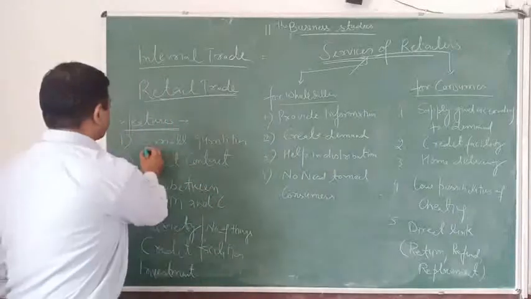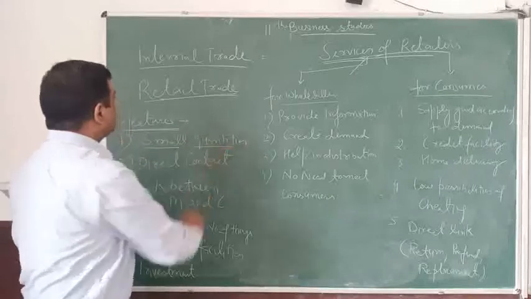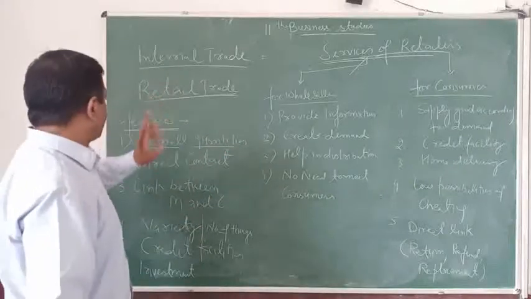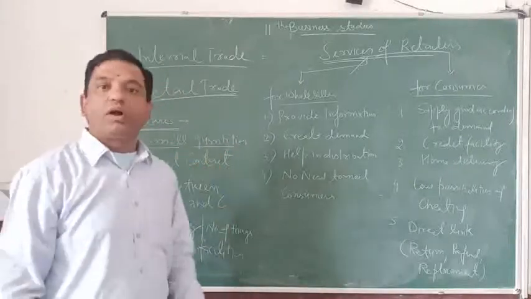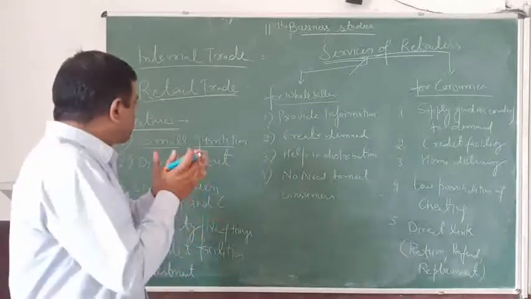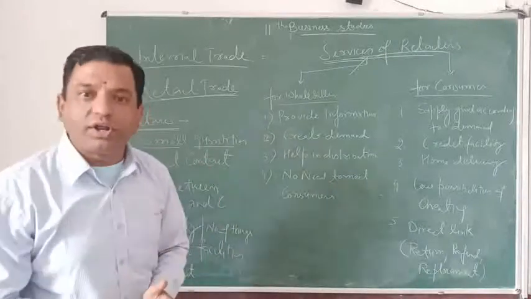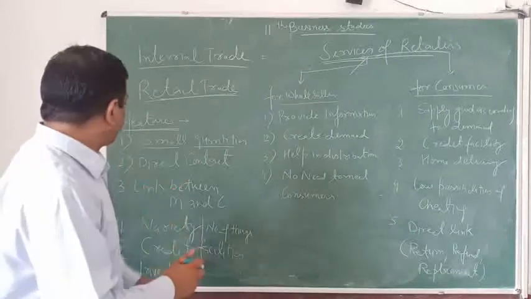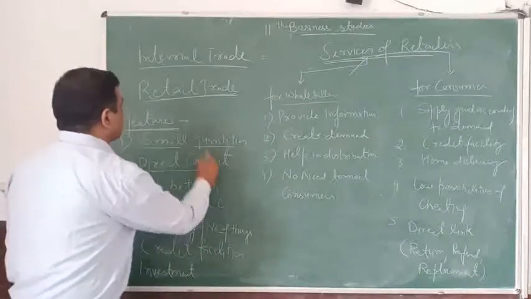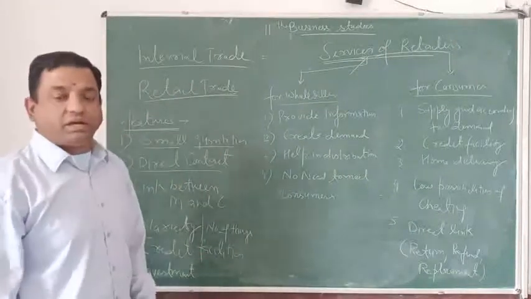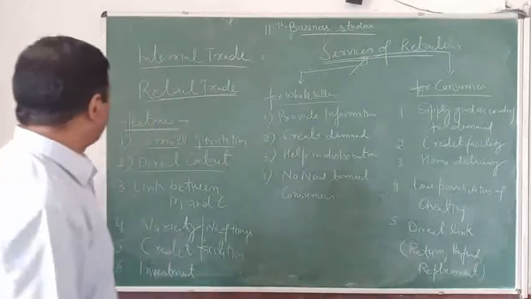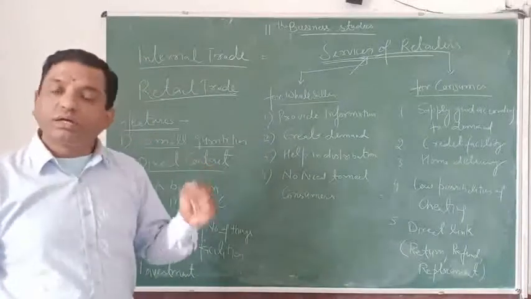The very first is that the person who is a retail trader deals in a small quantity. He sells the goods in a small quantity, right? The second is that the retail trader has a direct link, direct contact with the customer.